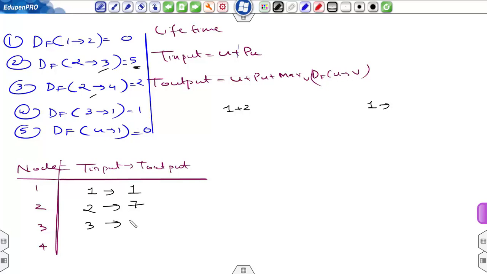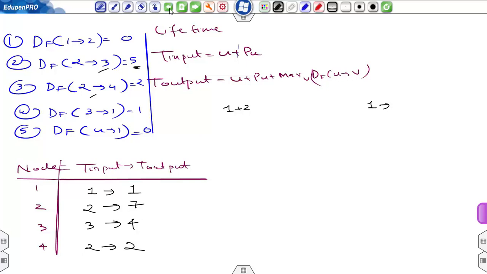So 3 plus 1 is 4. For node 4, the value of U is 0, 0 plus 2 gives 2, and 4 to 1 is 0. Only one option we have and the value is 0. So the output is also 0.